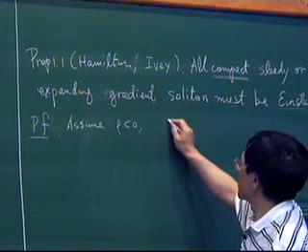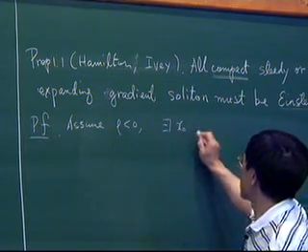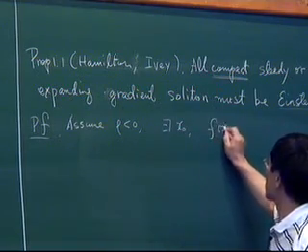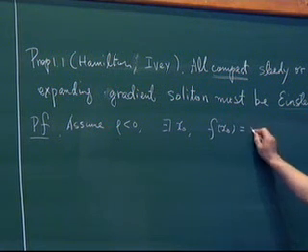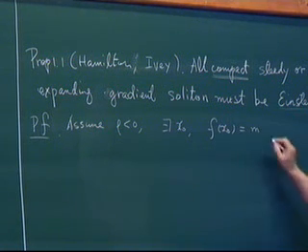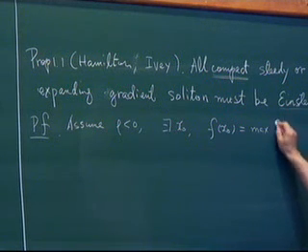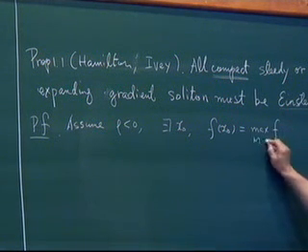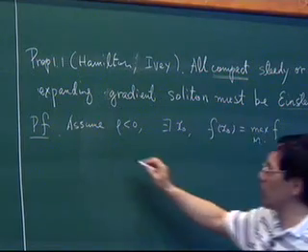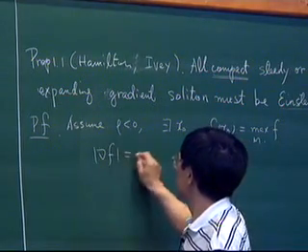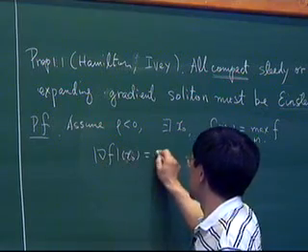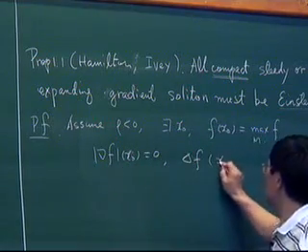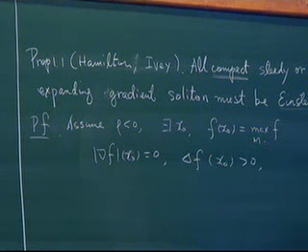We take a point x0 where f(x0) equals the maximum of f. At this point gradient f is 0, and Laplace f at this point is non-positive, because it's a maximum point.